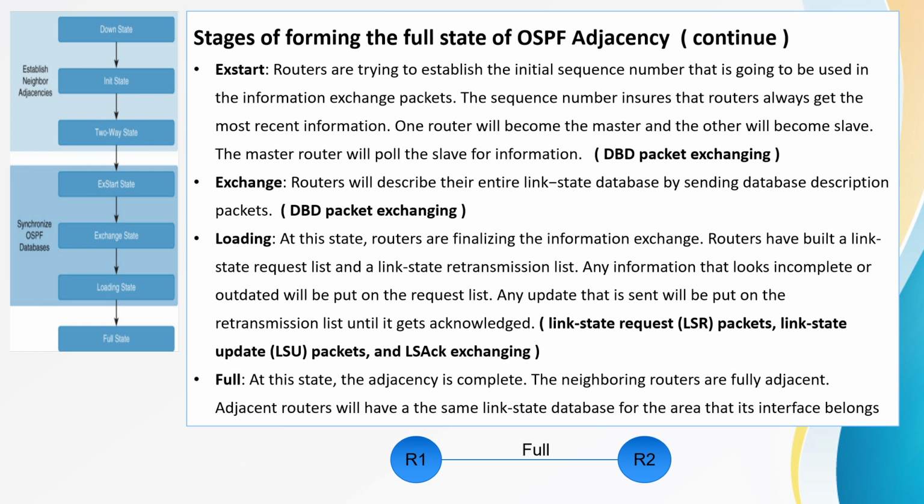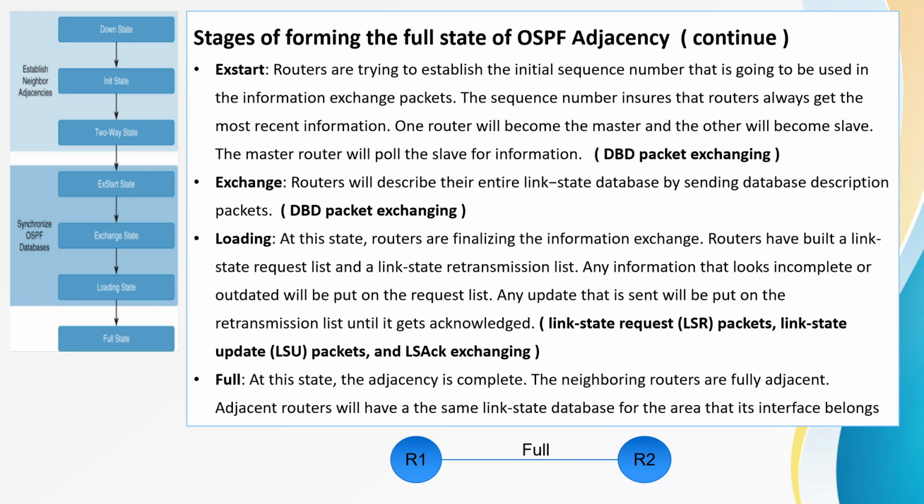At this state, the routers finalize the information exchange. Routers have built a link state request list and a link state retransmission list. Only information that looks incomplete or outdated will be put on the request list. Only updates that are sent will be put on the retransmission list until they get acknowledged.